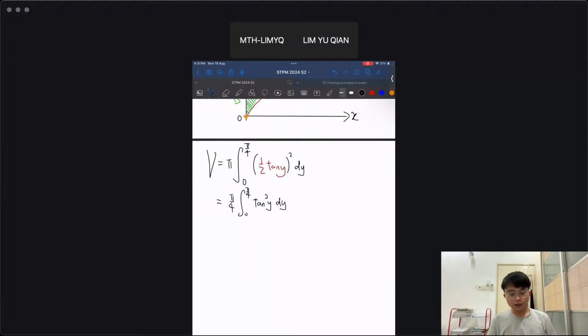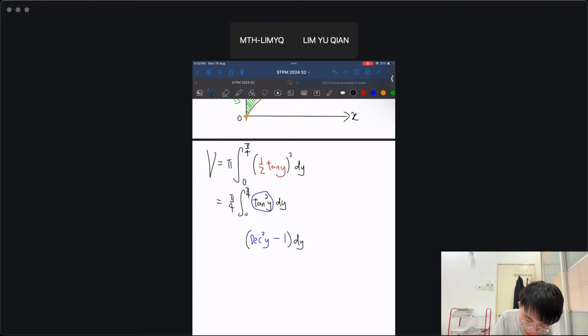For tangent squared, the only possible thing is we use the identity secant squared minus 1. So we are now doing this.